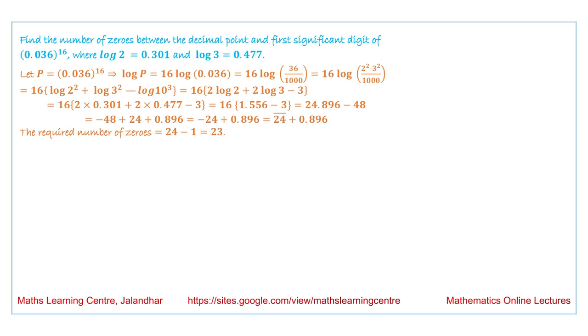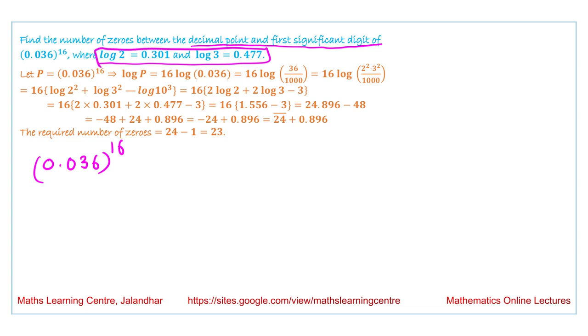Next, find the number of zeros between the decimal point and the first significant digit of 0.036 raised to the power 16. Again the values of log 2 and log 3 are given to us. Suppose again we write this value is equal to P. If we take log, we will have log of P is equal to 16 log of 0.036.